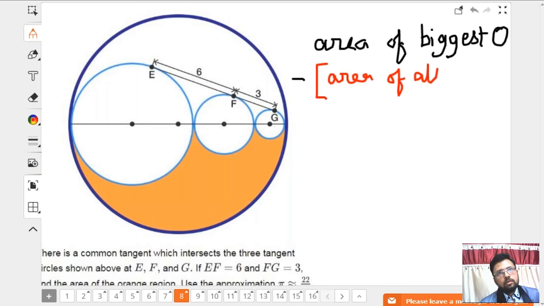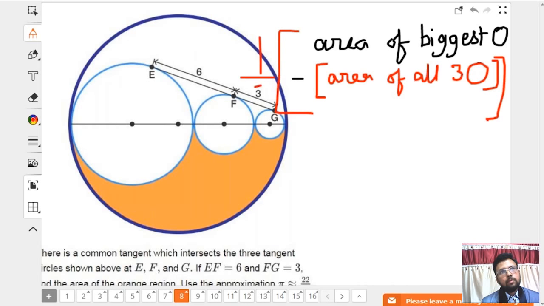all three circles. But that will also include region on this side. Correct? We don't want that. We want only on one side. So what do we do? We calculate this and divide this whole thing by half, by 2. We take only half of it.